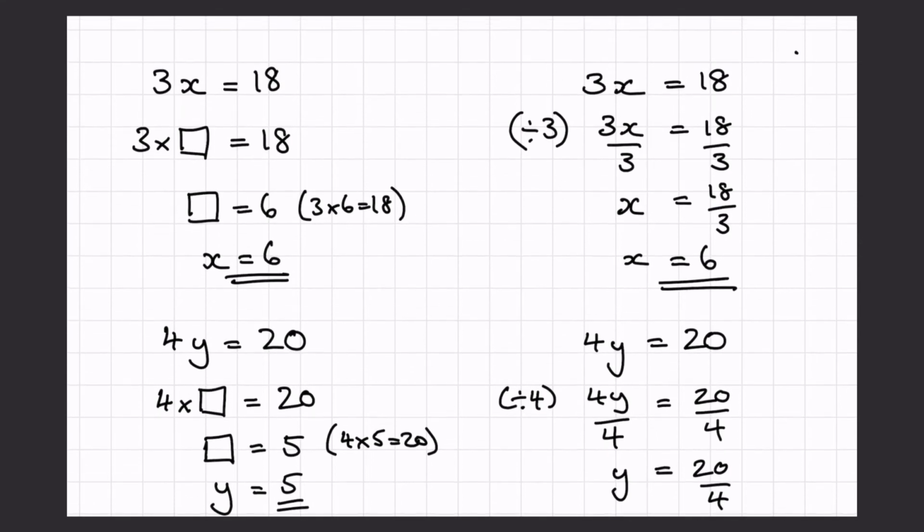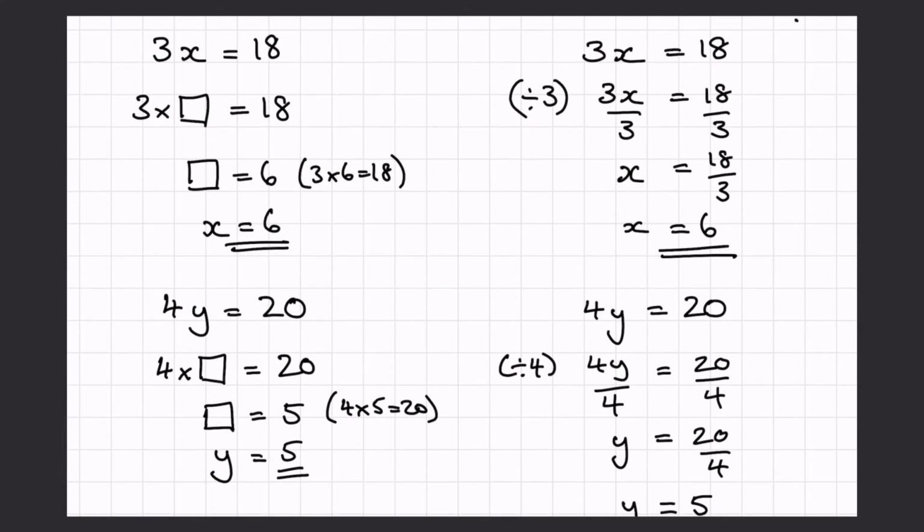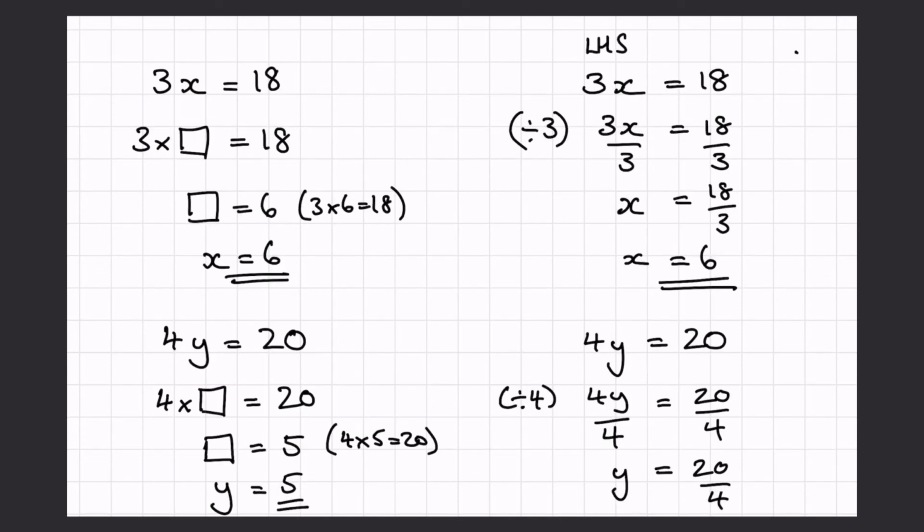Now, let's just pause that. I should have talked about the whole idea of transposing, and I didn't actually talk about this. Let's just quickly go back up to this first question, 3x is equal to 18, and look at what's gone on. Left-hand side and right-hand side. The 3 started on the left-hand side as a multiplication.